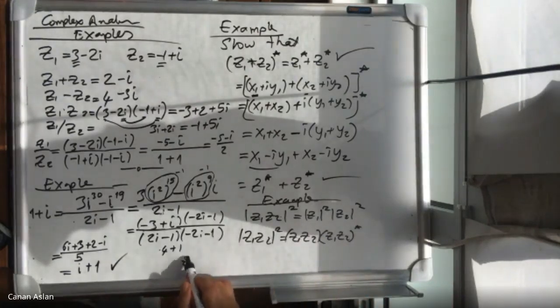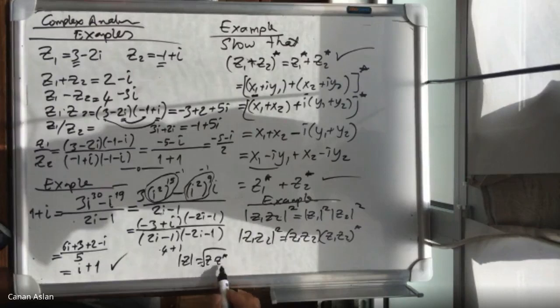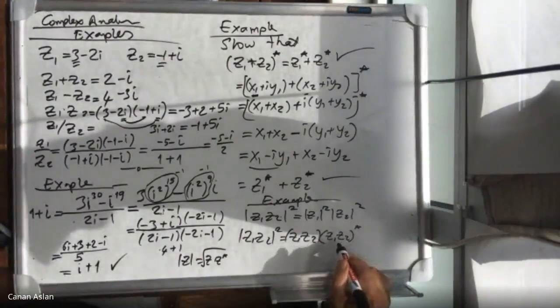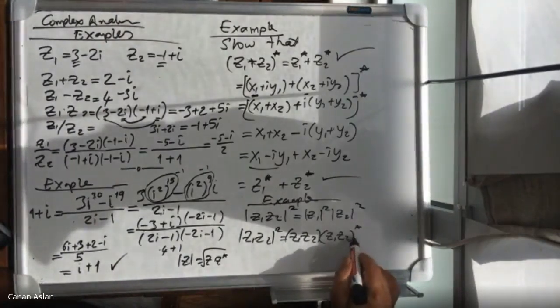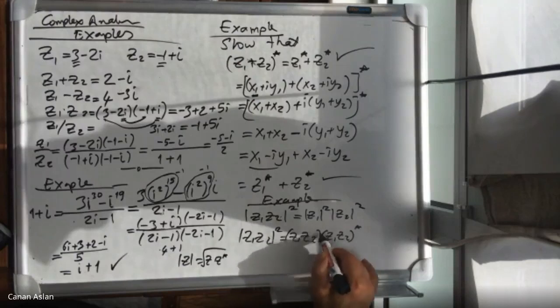Remember that the magnitude of Z was equal to the square root of Z times Z star. But now we don't have the square root because it's squared on the left. So if you have a square here, you don't have the square root, which is the case here. Now you just multiply these by each other because it's the product of four things.